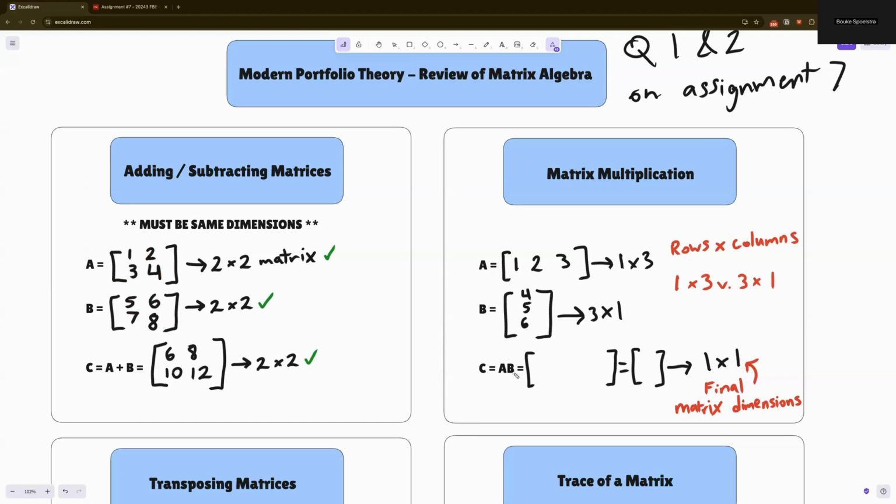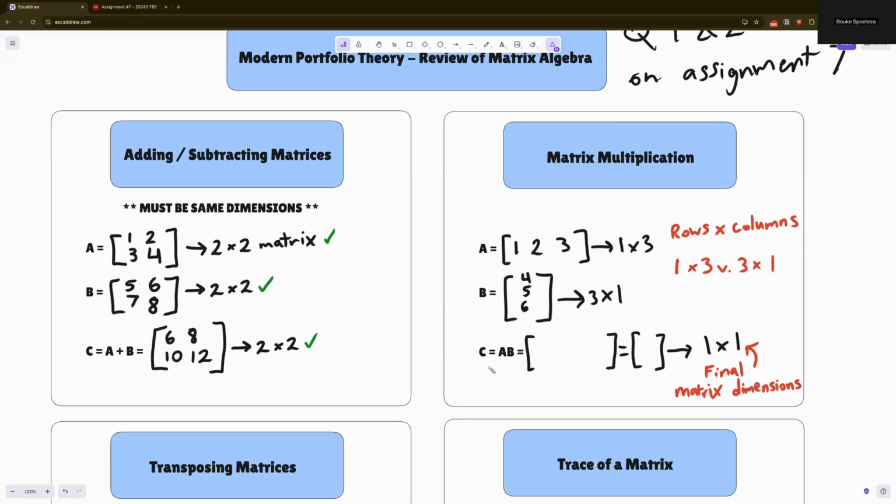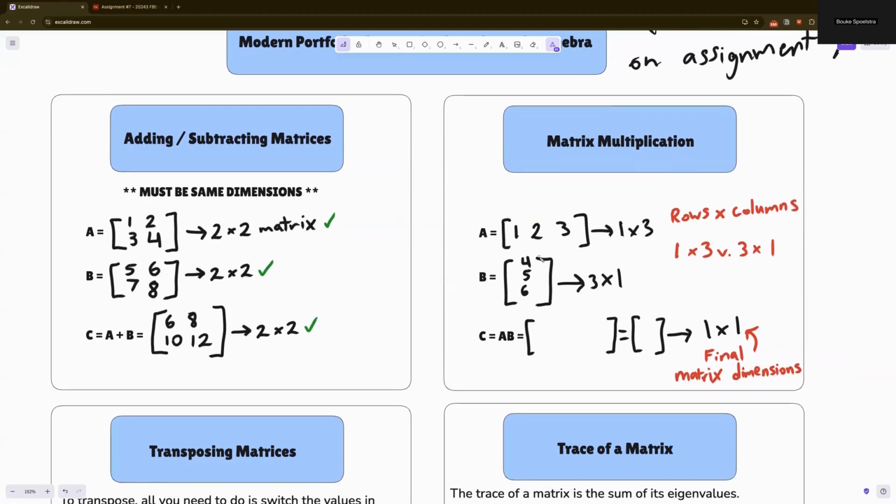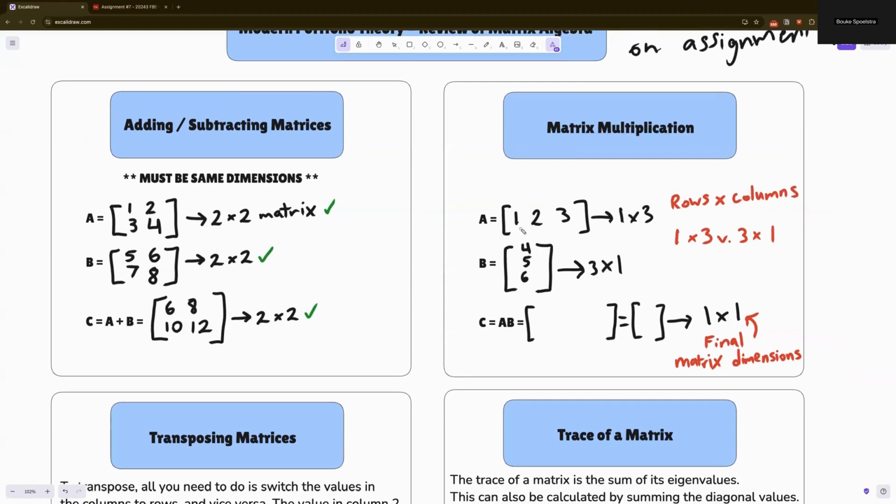Where it gets a little bit trickier is the multiplication. With this one, you're basically just multiplying the corresponding entries.